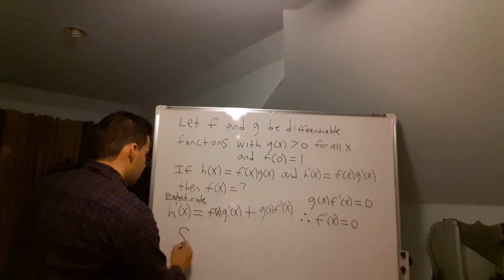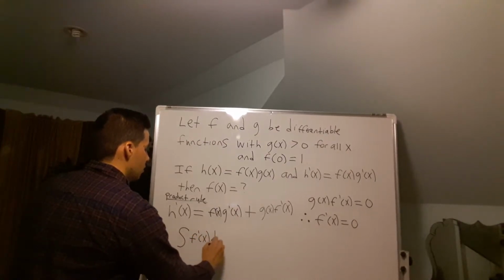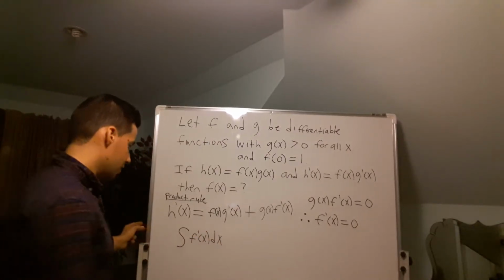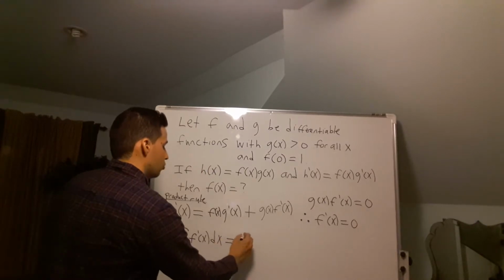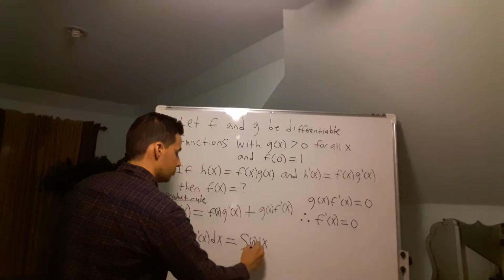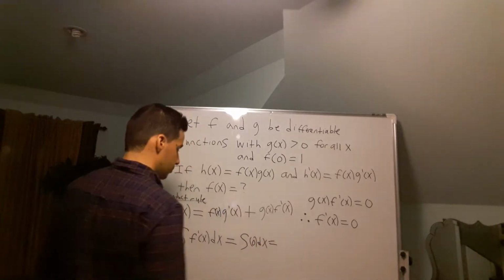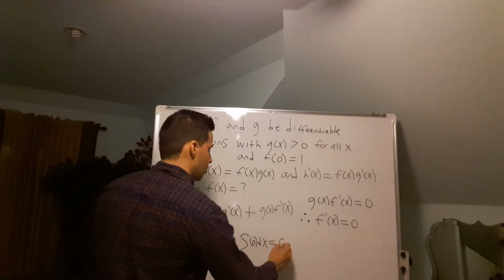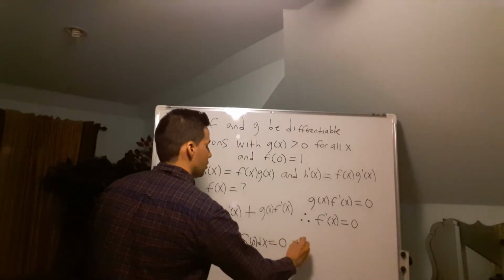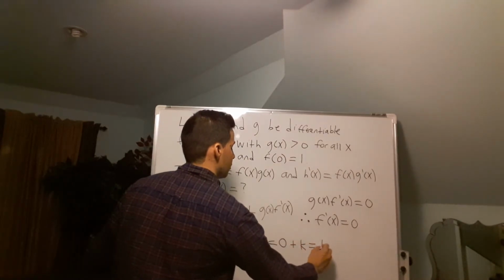Formally, we're going to take the integral of f prime of x with respect to x, and that's equal to the integral of 0 dx. It's equal to 0, but you have to add a constant to it. So you're going to get a constant.